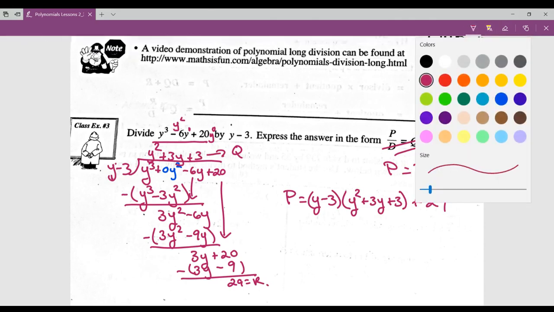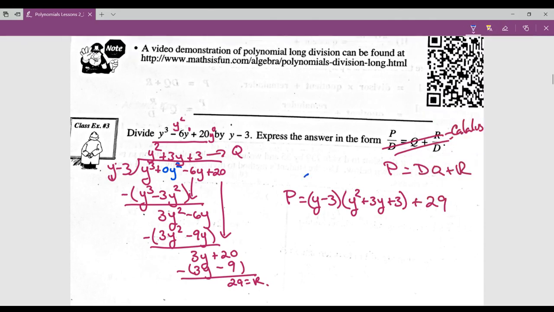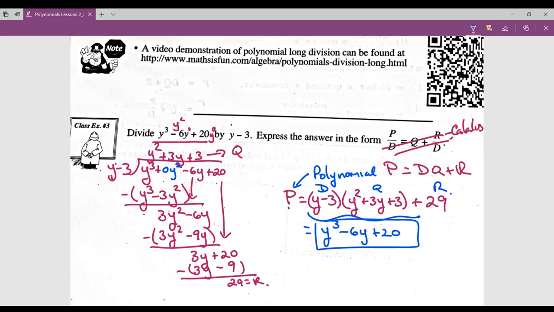Okay, now you're going to see why we actually do this. Remember that the P stands for polynomial. Divisor, quotient, remainder. If I multiply these two together and add 29, I would get my polynomial. So if you actually did that, I'm not going to, but you can if you would like, you would get that.